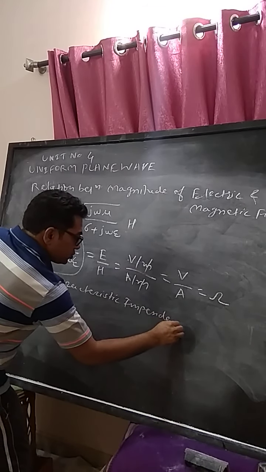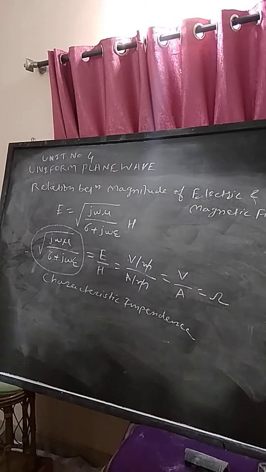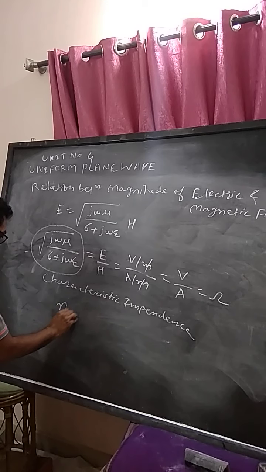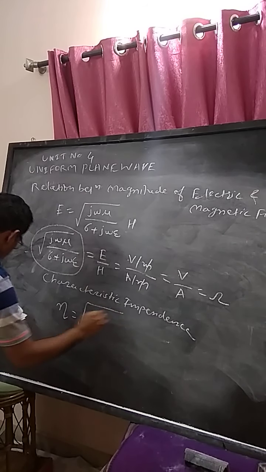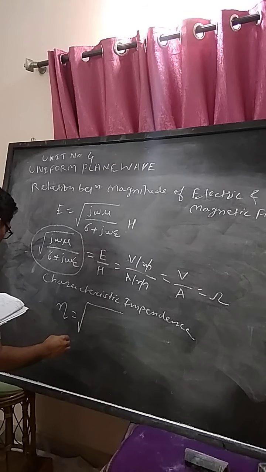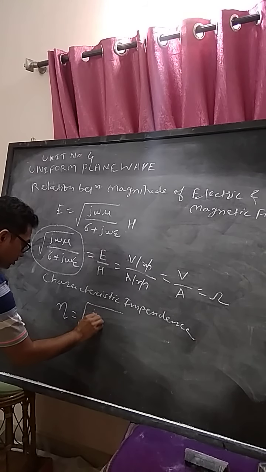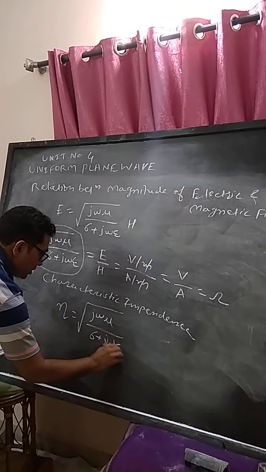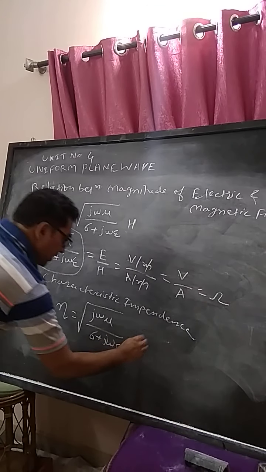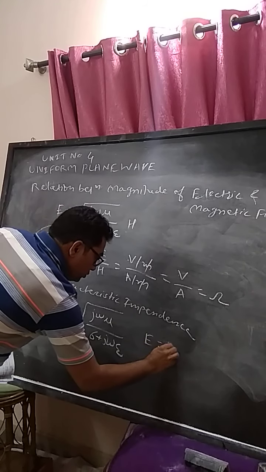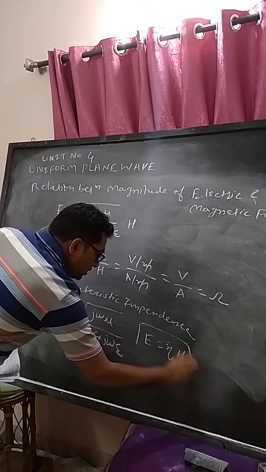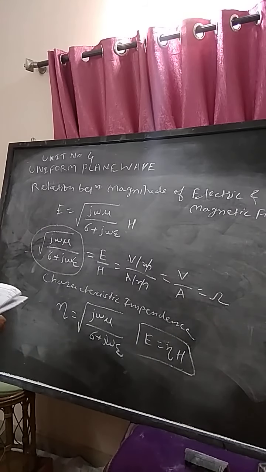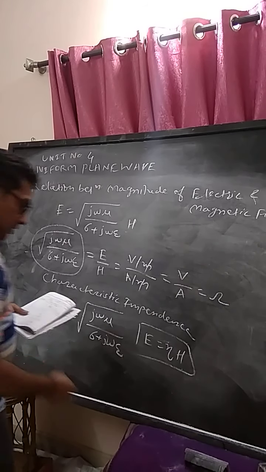Sometimes it is also called the intrinsic impedance, denoted by eta, and therefore eta equals under root of j omega mu divided by sigma plus j omega epsilon. So we can write E equal to eta into H.